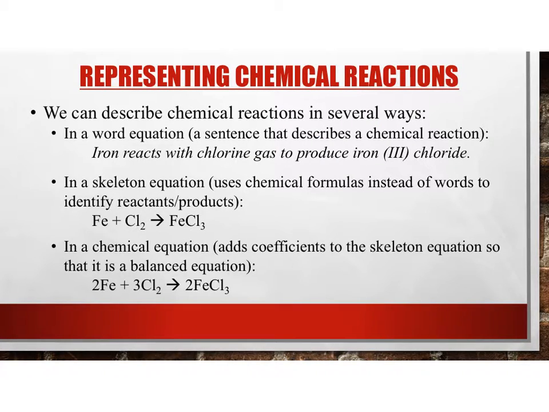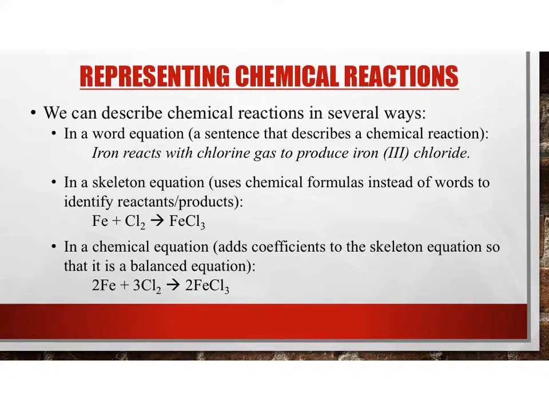We can describe chemical reactions in several ways. I'm going to talk about 3 of them. We can describe chemical reactions through a word equation. This is a sentence that describes the chemical reaction. We could use a skeleton equation. A skeleton equation uses chemical formulas instead of words and allows us to easily identify reactants and products. We could also describe chemical reactions through the use of a chemical equation.